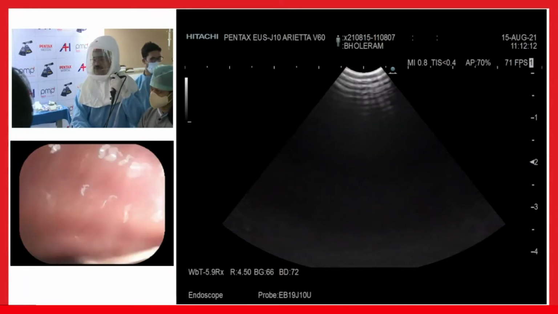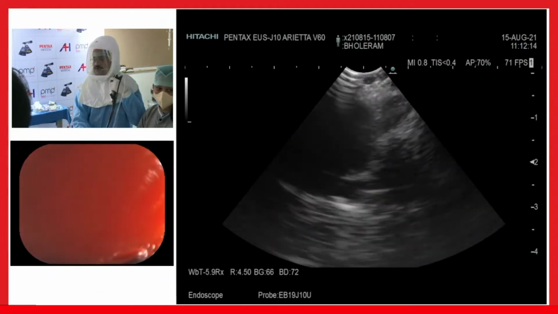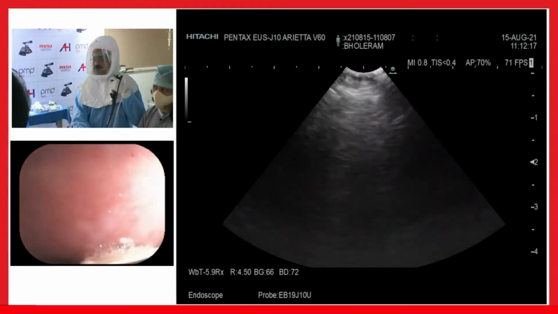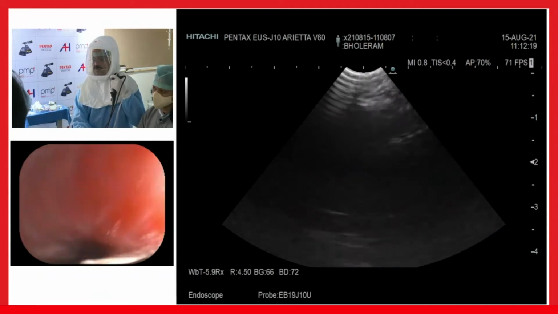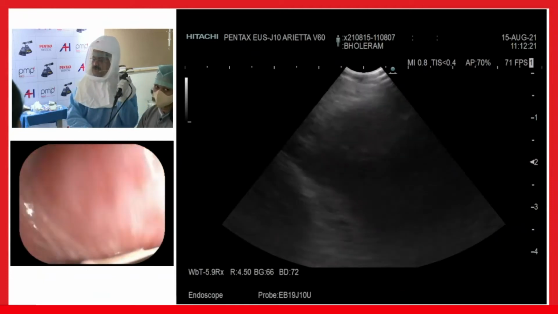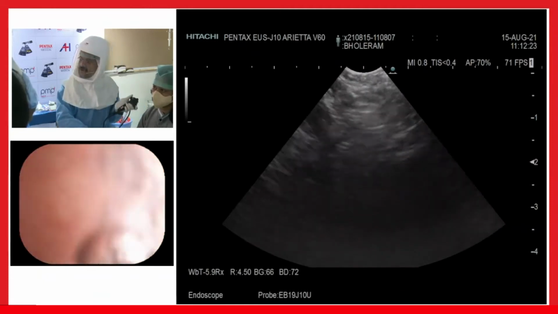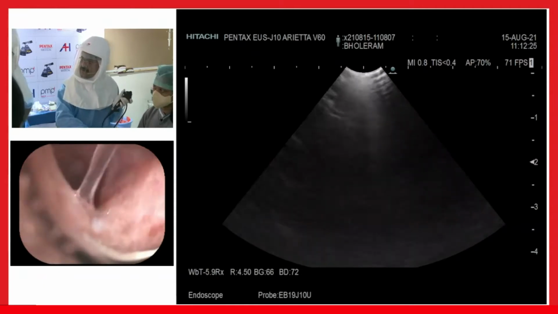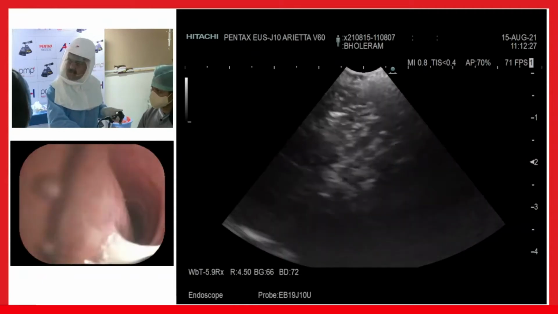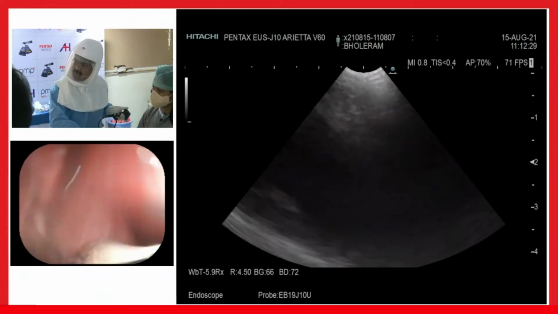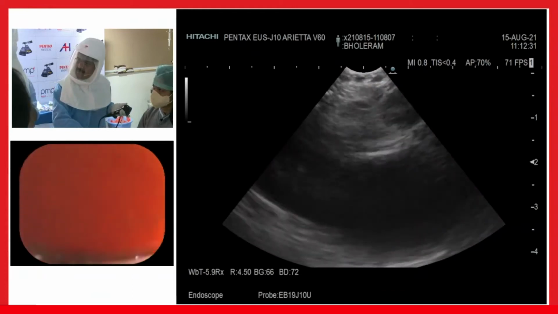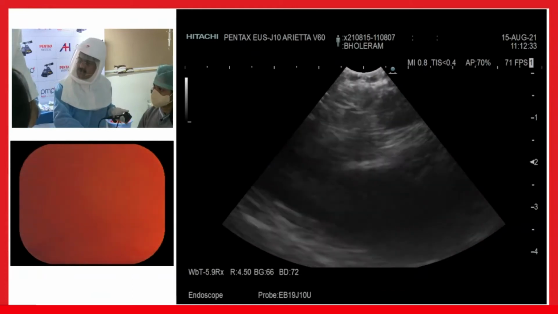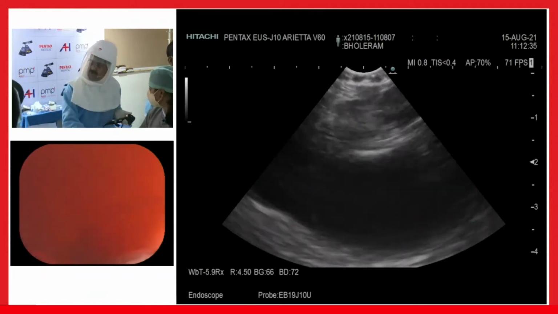This one, I think, is a small lymph node. Try to look in the subcarinal area. So this is a lymph node, a small lymph node.